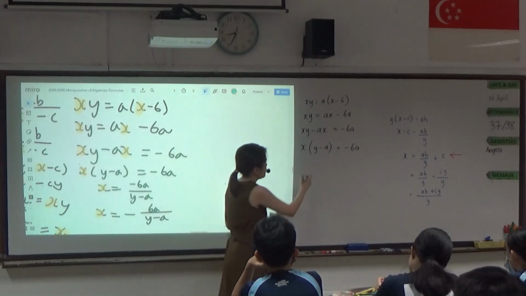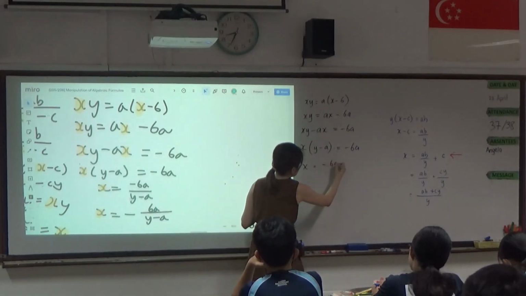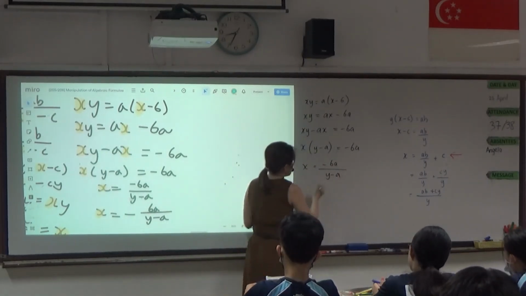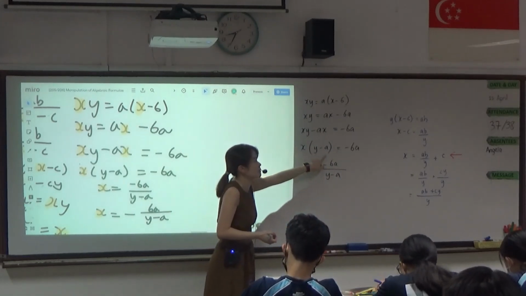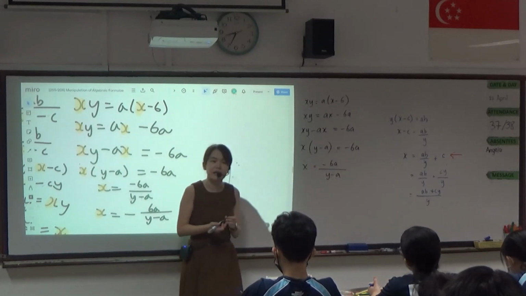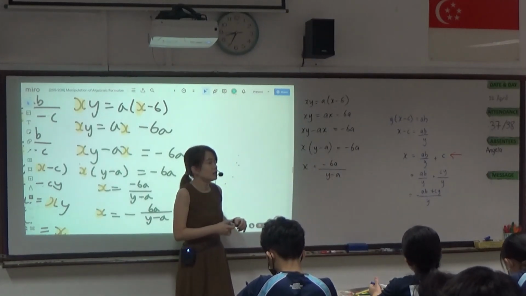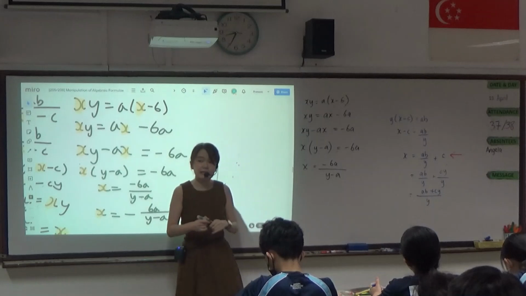Then we only want x. We bring the y minus a over to the other side. Since this is x times y minus a, bringing it over, I will get divided by y minus a. So this is an answer.